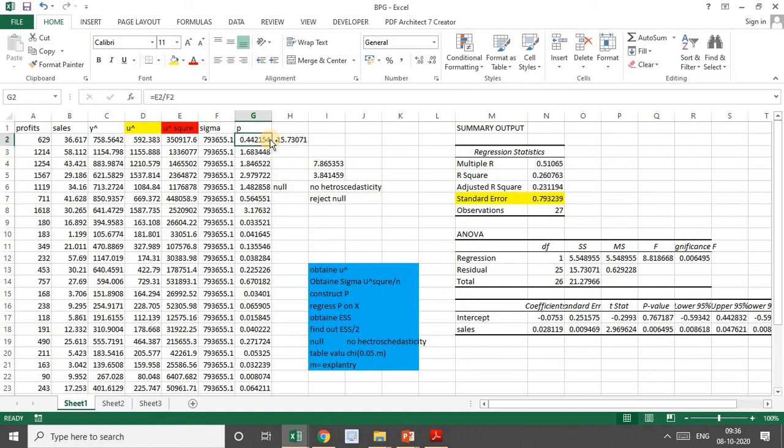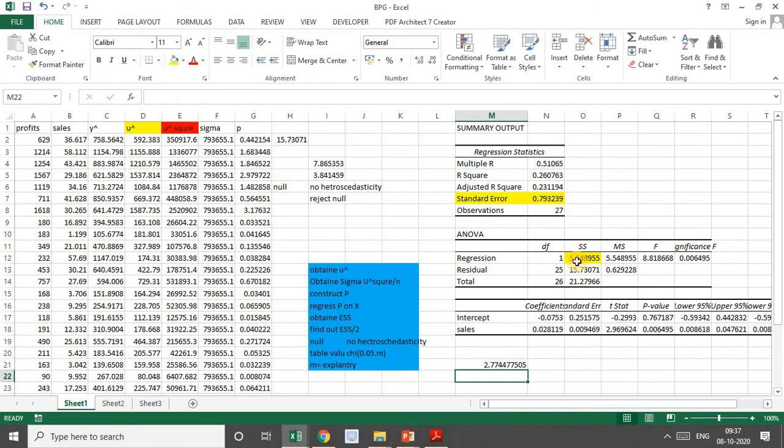Then we find the pi. Take this pi as the dependent variable and these as independent variables, then run the regression. From this regression, take this value, the ESS, the regression sum of squares. Then divide it by 2, which gives 2.777.